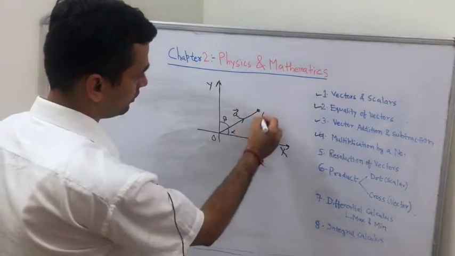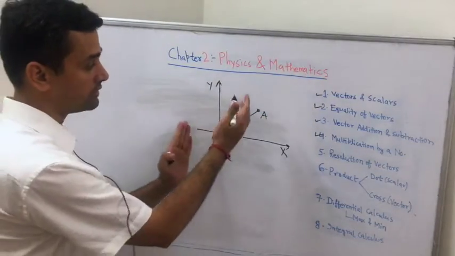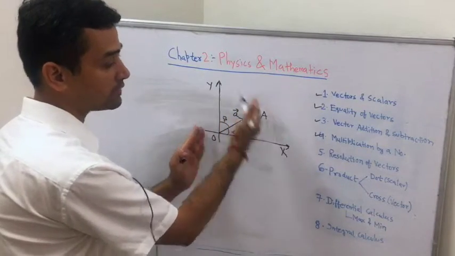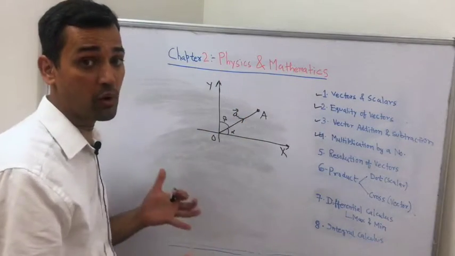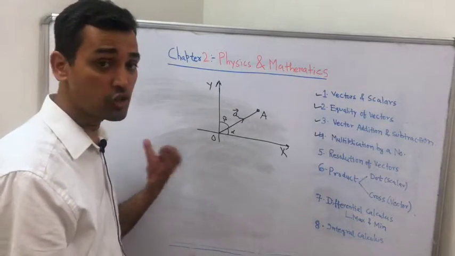Let's say this is OA. I can actually resolve this vector along the axes. This is a very important principle in physics and it is used a lot.